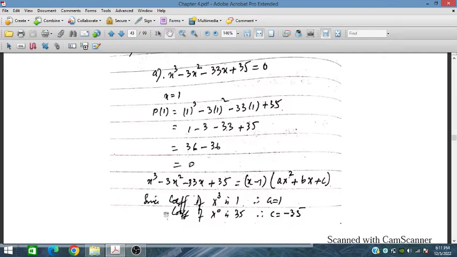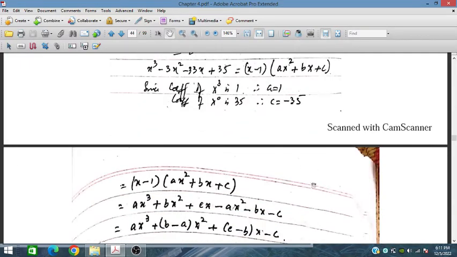By multiplying we can see this x cube coefficient is 1, so a is 1, so we can easily multiply ax square with this x. So this x cube coefficient would be 1, and this 35, so this is minus 1 times, so this is minus 35, so c is equal to minus 35.